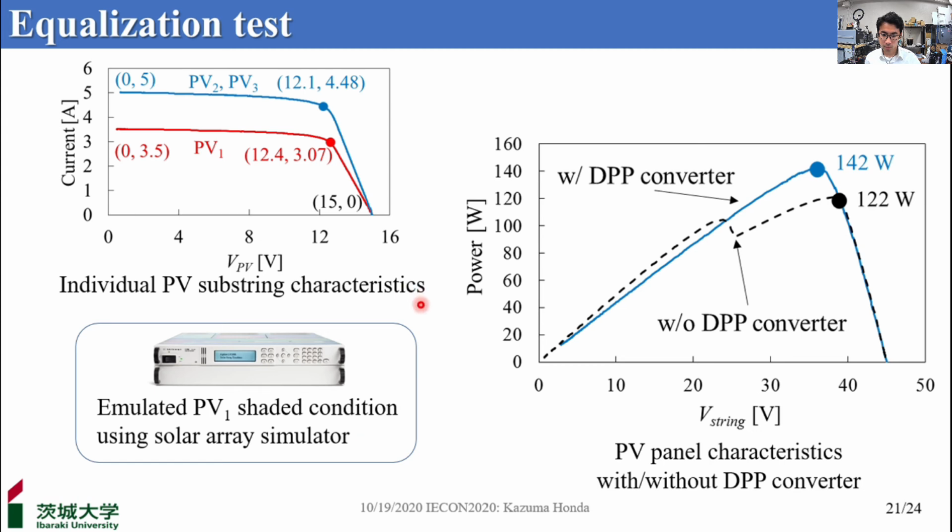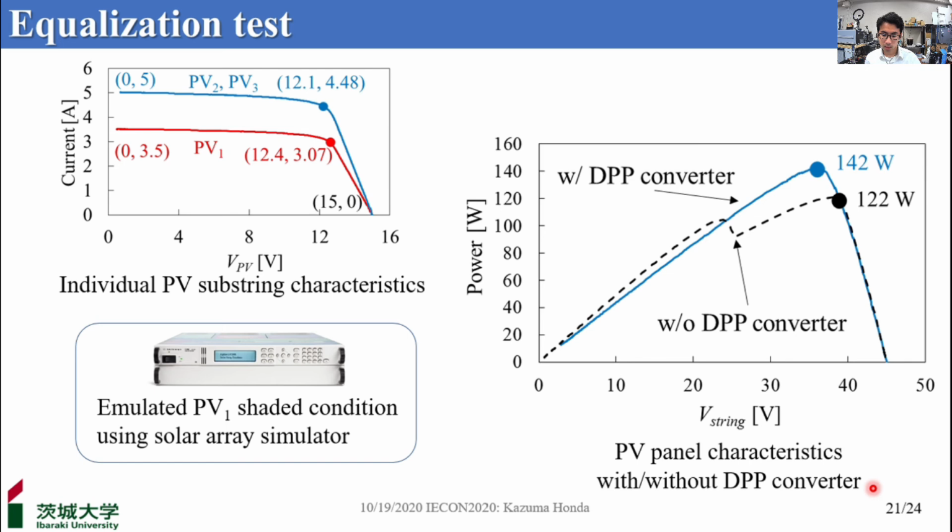Here, the left-hand figure shows the individual PV substring characteristics used for the experiment, and the mismatch in short circuit current was approximately 1.5 amperes. The panel characteristics were manually swept using an electronic load.